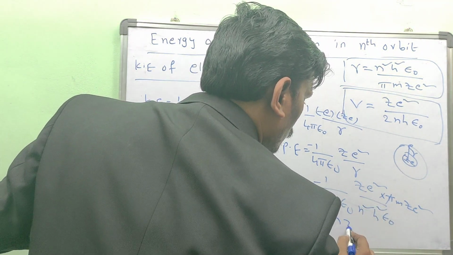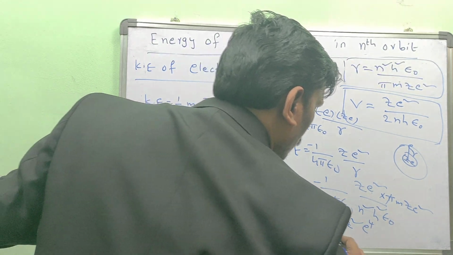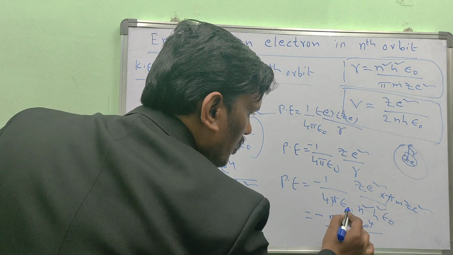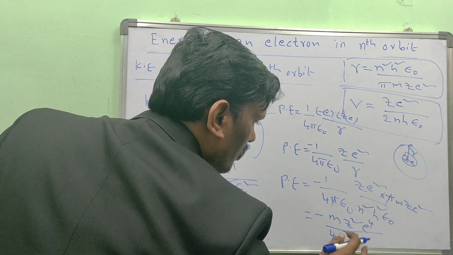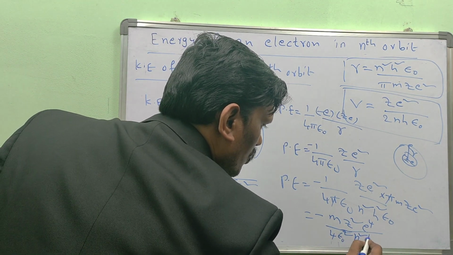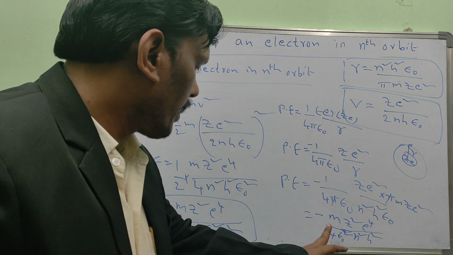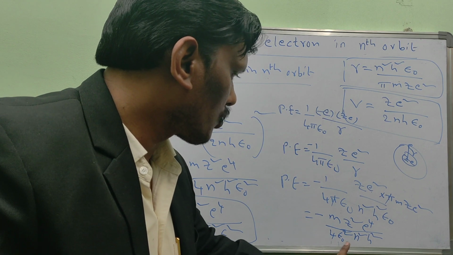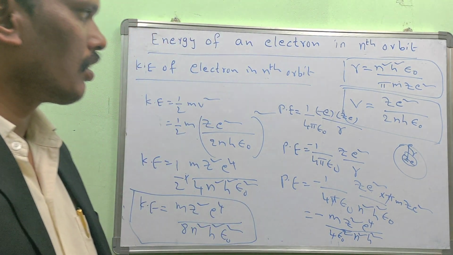Z into Z square, e square into e square, e power 4 upon 4, epsilon naught into epsilon naught square, n square h square. So that is the formula: minus m Z square e power 4 upon 4 epsilon naught square n square h square.